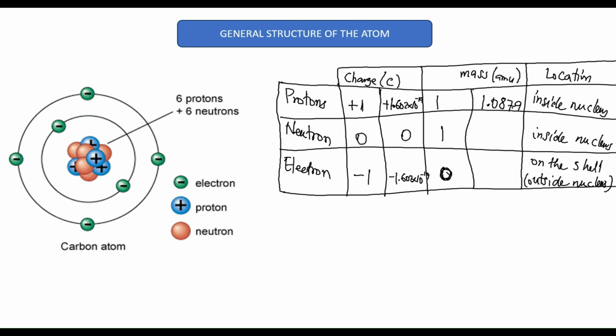1.0897879. For neutron, 1.0897. Electron is 1/1840.